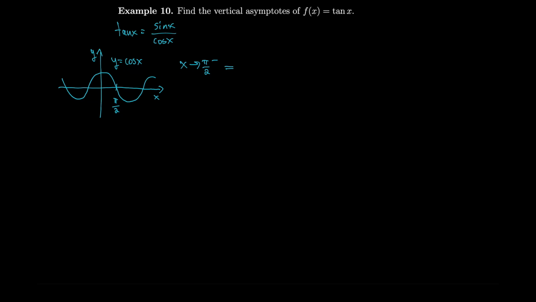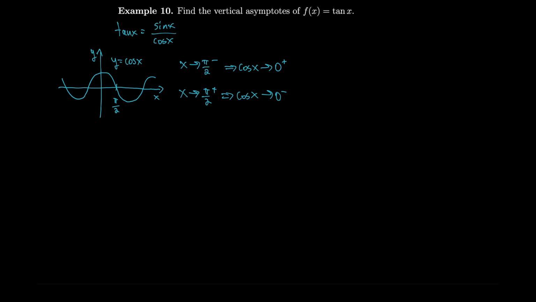So that tells us that cosine approaches 0 from the right. And as x approaches pi over 2 from the right, that tells us that cosine approaches 0 from the left, because to the right of pi over 2, we're going from negative values of cosine to 0.